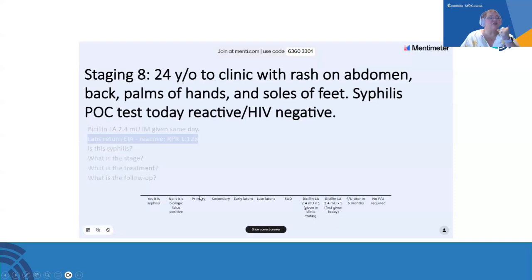What stage are we dealing with? We know that primary is the sore, secondary is the rash, so secondary. For secondary, is it 1 shot or is it 3 shots? 1 shot. And then we look at the titer. What is the titer today? 128. He's HIV negative. We're going to see him back in 6 months. Excellent. Very good.